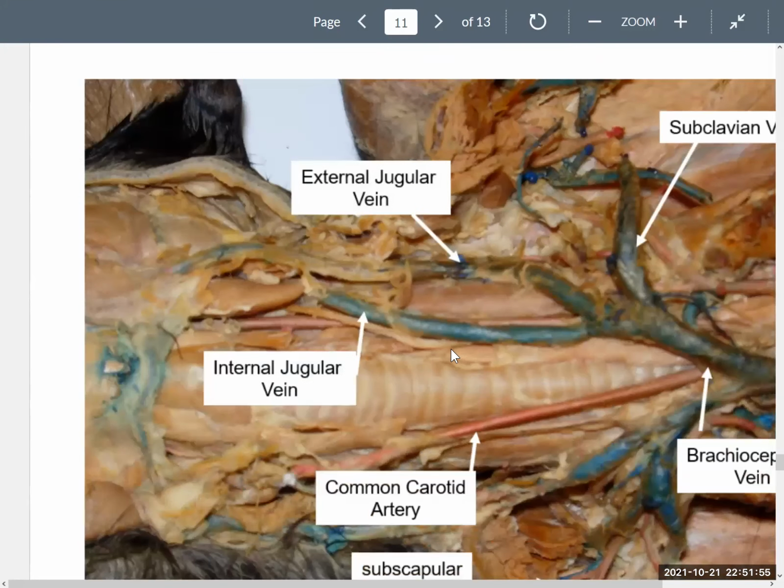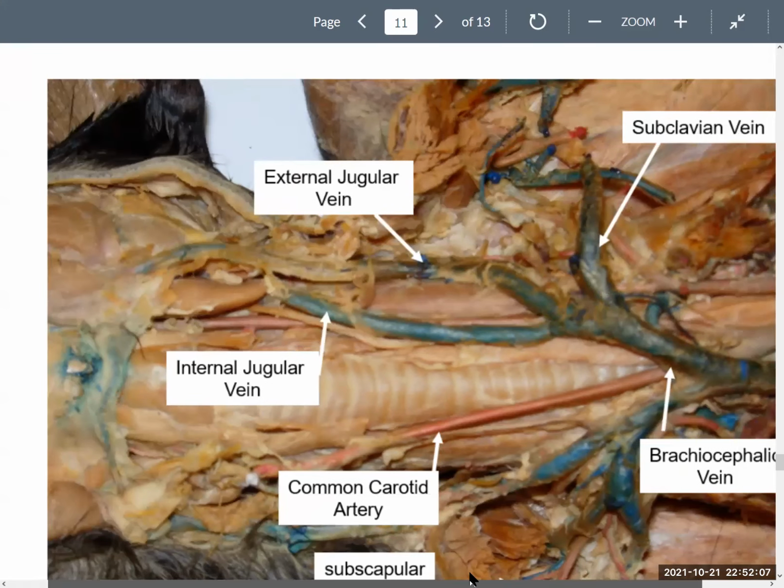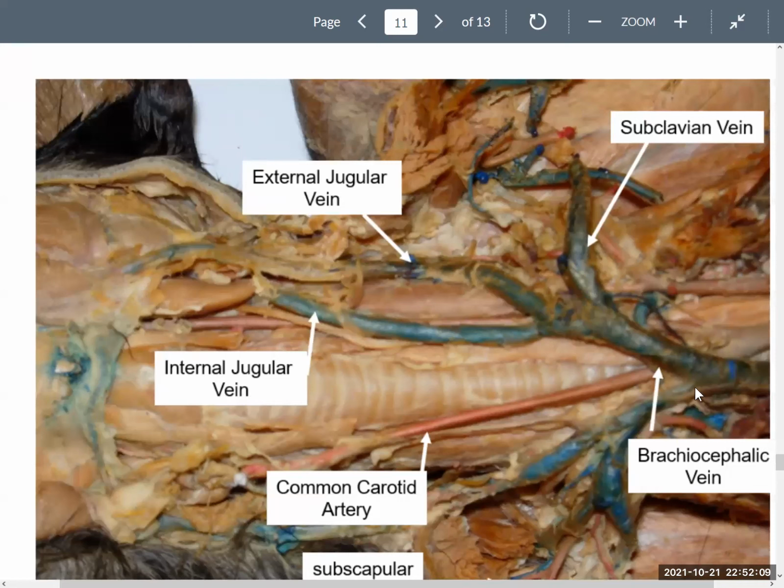Okay, now the question is, where are we? This is the brachiocephalic. This is the brachiocephalic. This is not going anywhere, all chopped up, no good. The other side, okay.